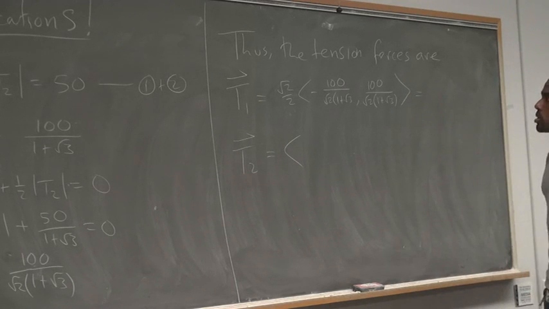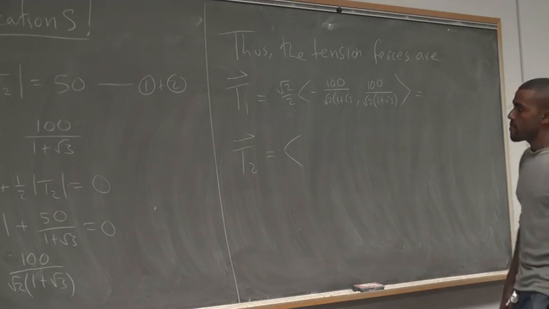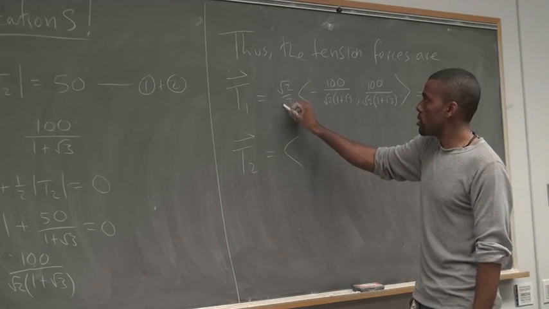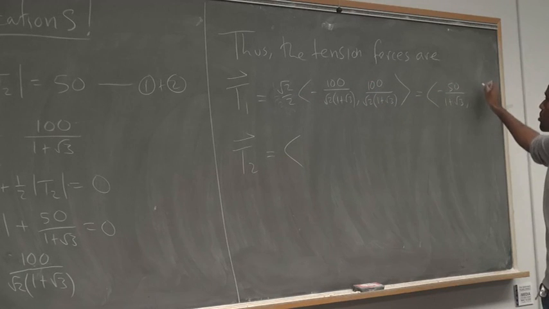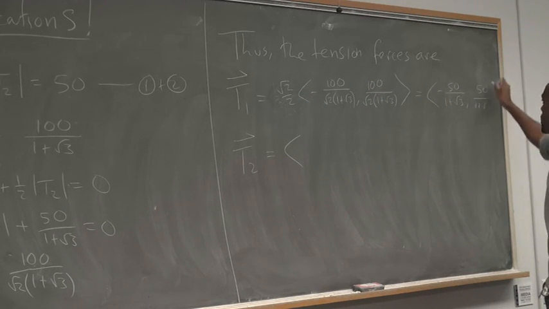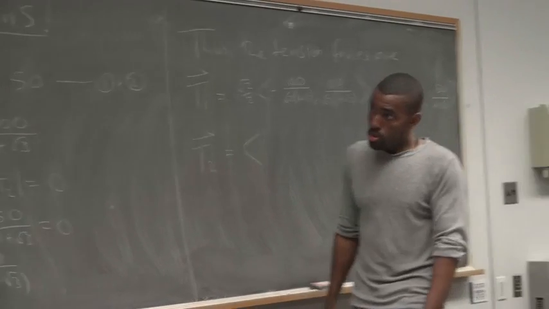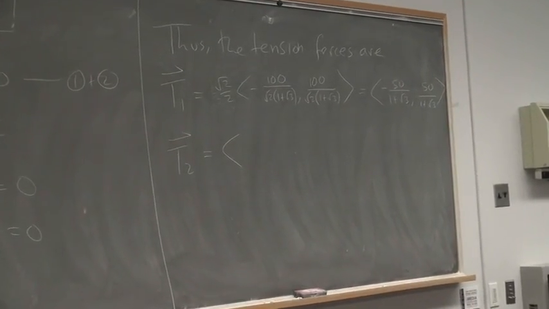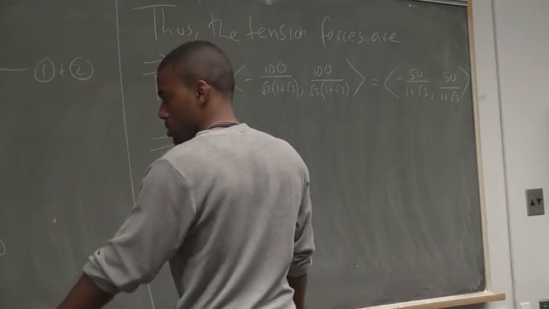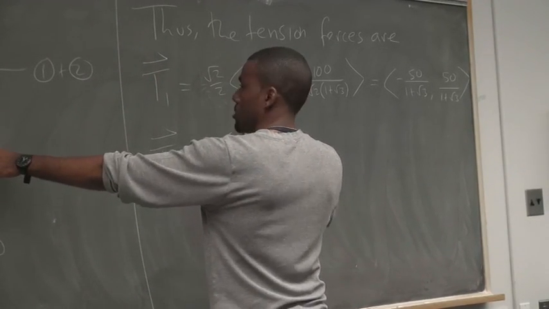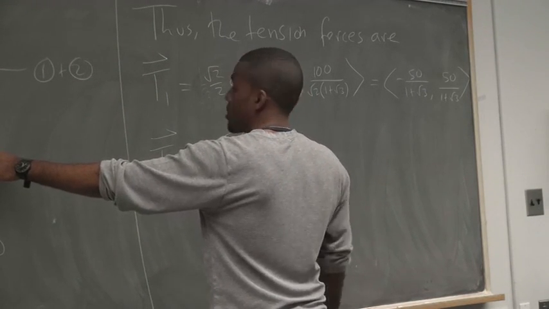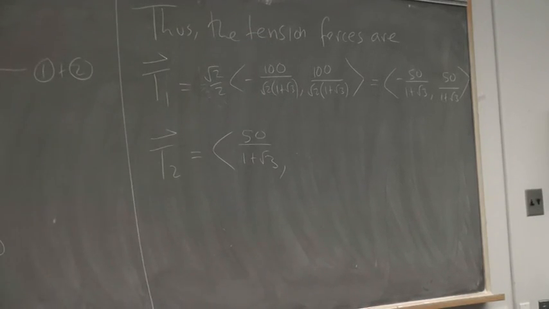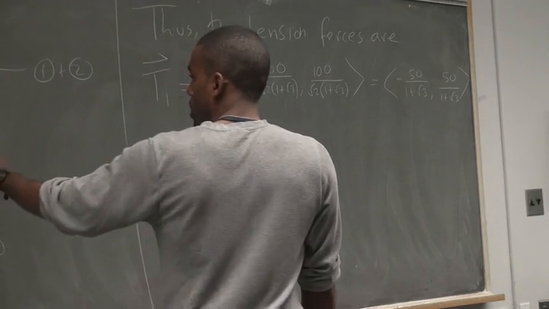Which I actually could simplify. So this is 1 over radical 2, multiplied by radical 2, I get 2, so this is just minus 50 over 1 plus radical 3, comma, 50 over 1 plus radical 3. T2 was the vector a half magnitude T2, so it's a half of this, comma, radical 3 over 2 times this.